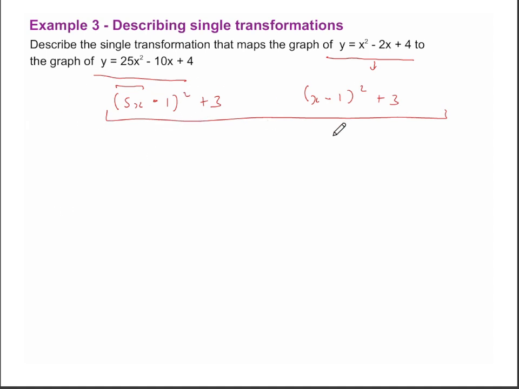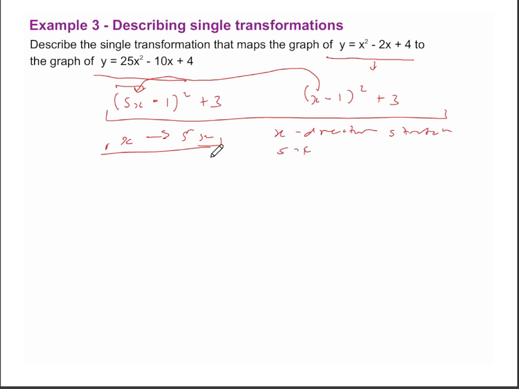And if you look at the transformation that's happening here, your x has now become 5x, and that's it. So x has become 5x. And we know when this happens right here, what's the case? There is a stretch in the x direction. So x direction stretch.